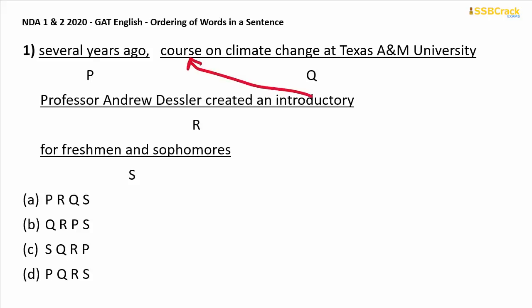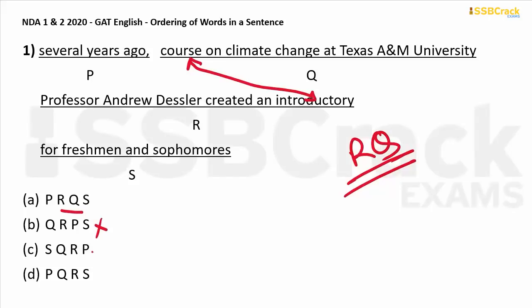So you can relate the two words here of a term, introductory course. So R and Q combination needs to be found out. So let's see, here you are, RQ combination. No, not there in option B, not there in option C, not there in option D. So the only option where RQ is coming one after the other is in option A. So PRQS is your answer.